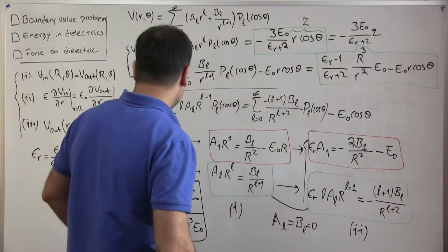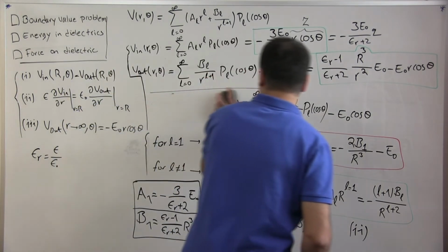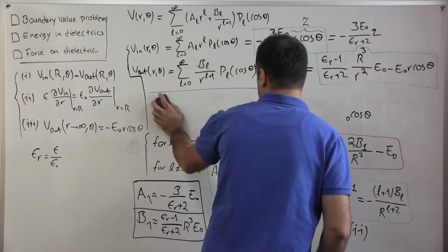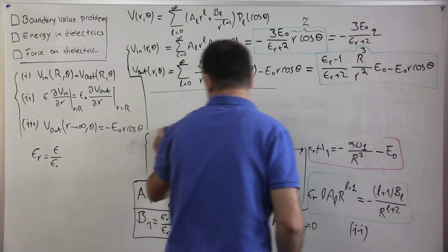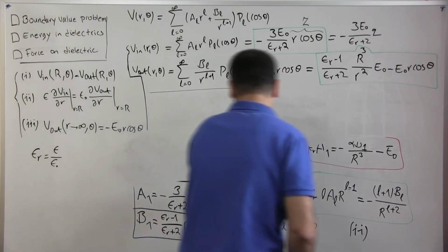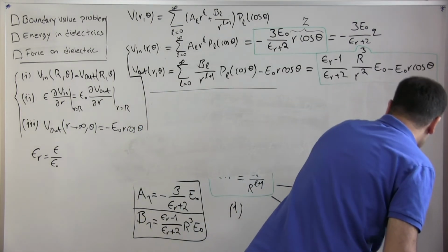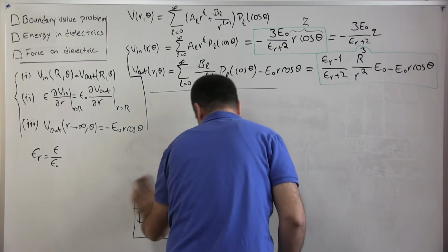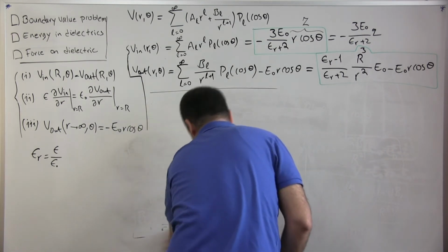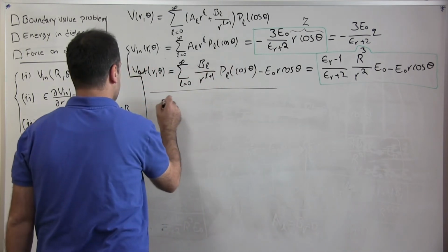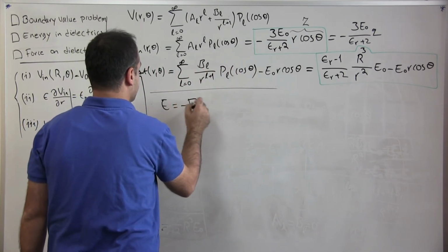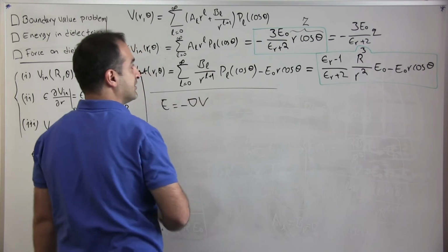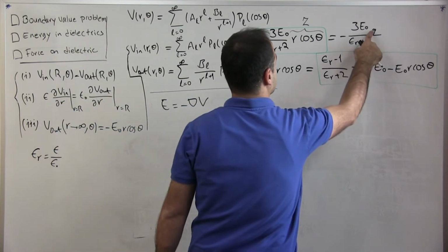And if you want to find the electric field, it is the negative of the gradient of the potential. The potential is only dependent on z.